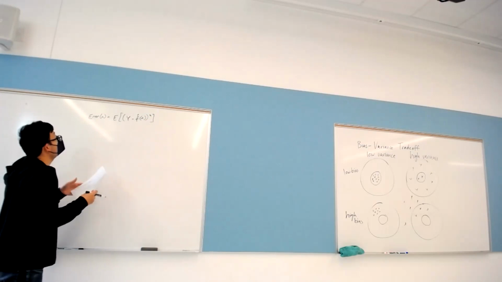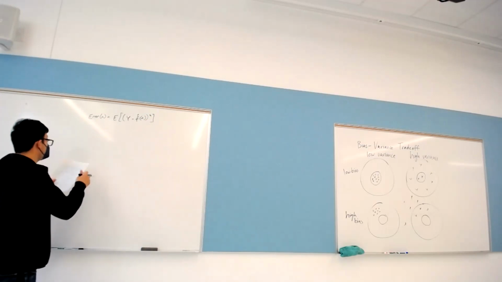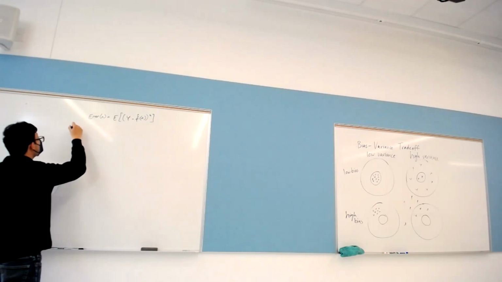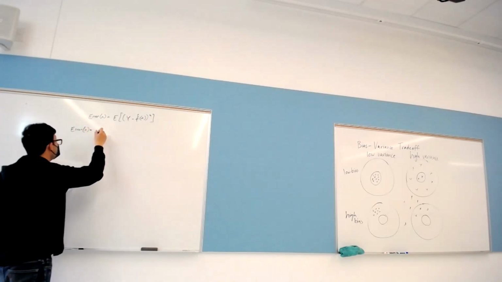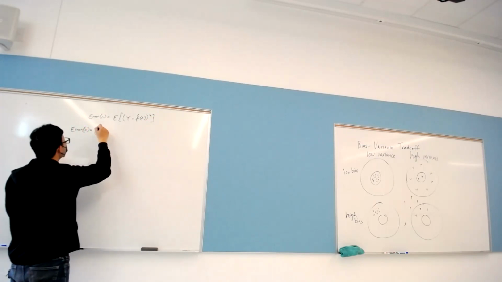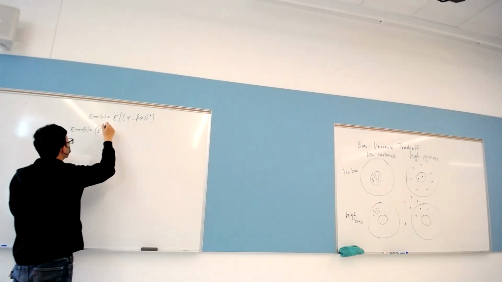And mathematically, if folks have done this in statistics, it'll look something like this. You don't need to memorize this, but I'm making this form for a particular reason in just a sec.